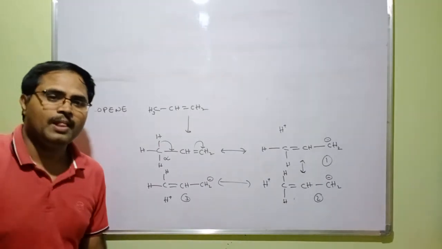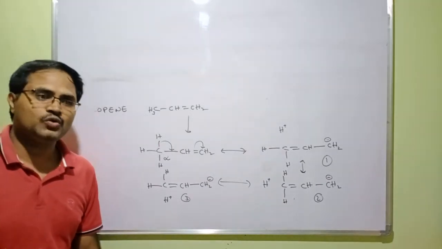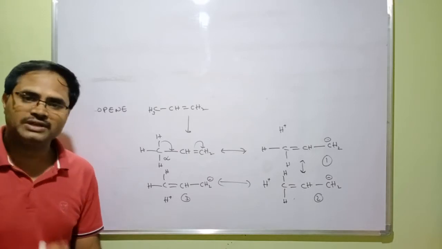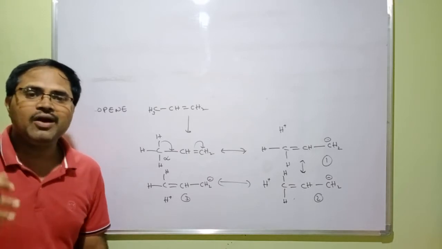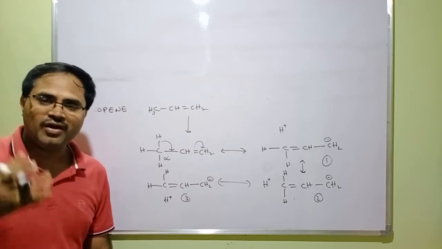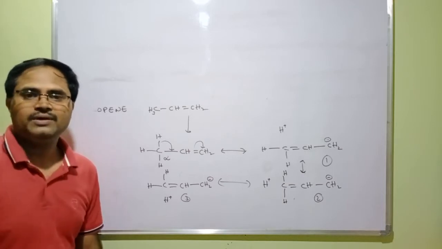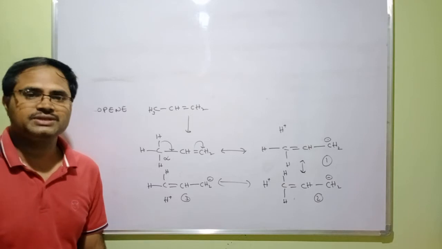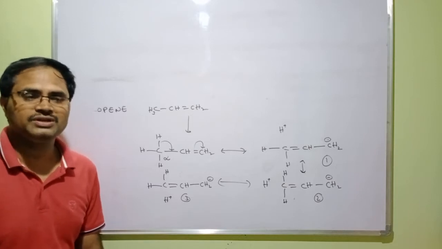If you look at previous IIT JEE question papers on hyperconjugation, the question is given: which of the following alkenes is more stable? In order to understand the stability of alkenes, you should know the number of hyperconjugated structures.